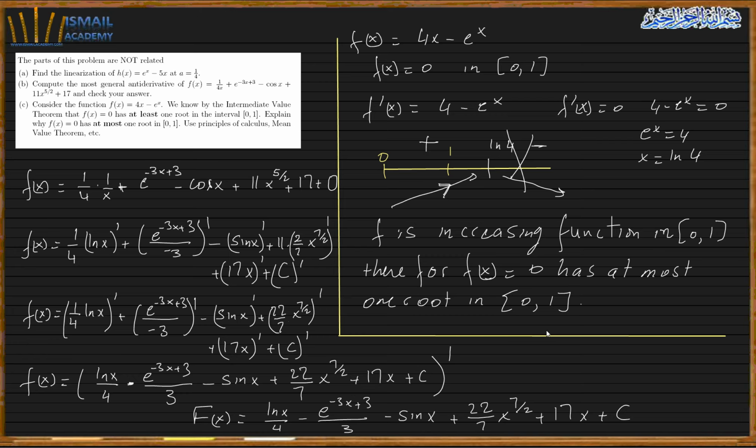This is why. If it keeps changing behavior, increasing, decreasing, then increasing, decreasing, that means we could have more than one. But as long as it has only one behavior, it's just increasing, so it has at most one. Alright, next question.